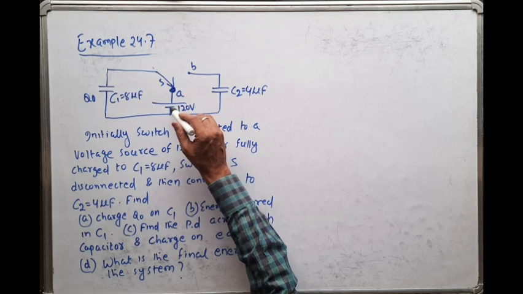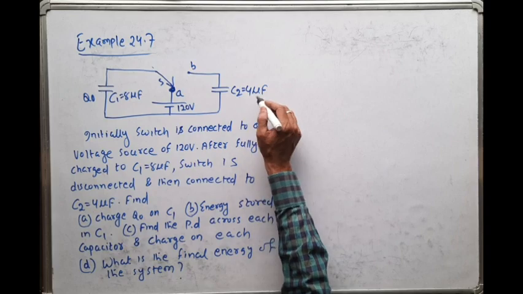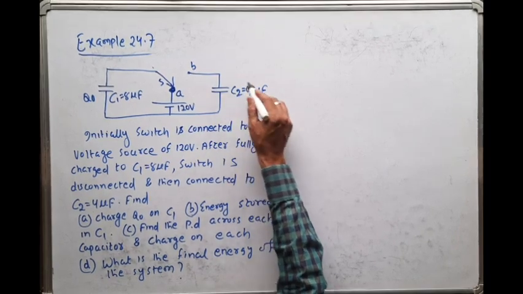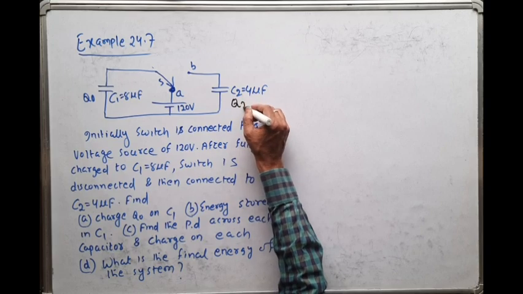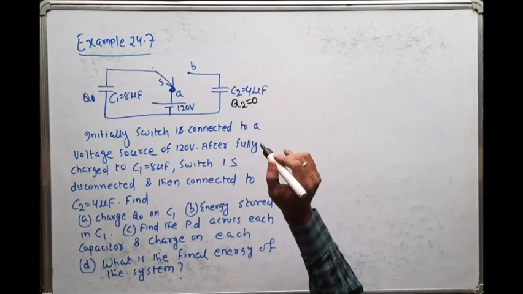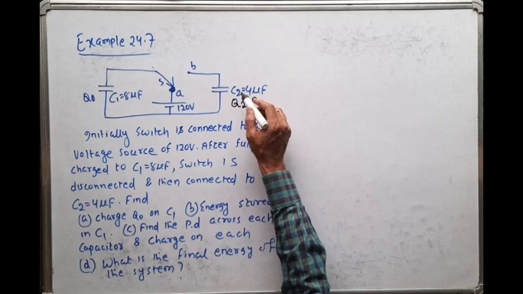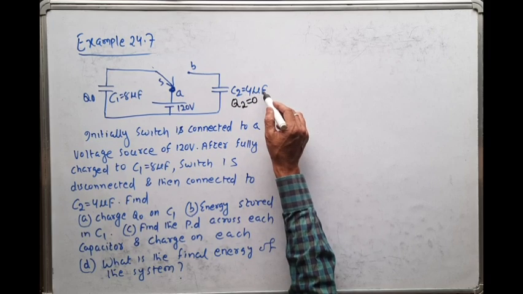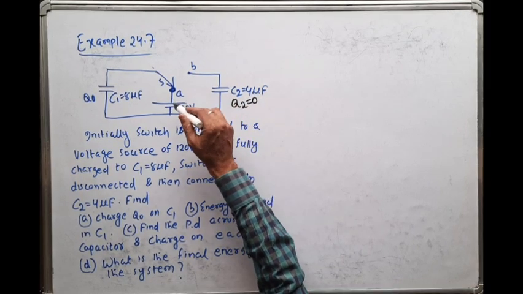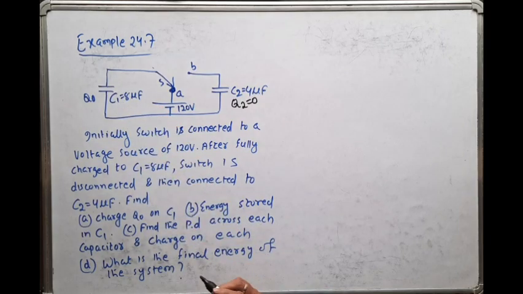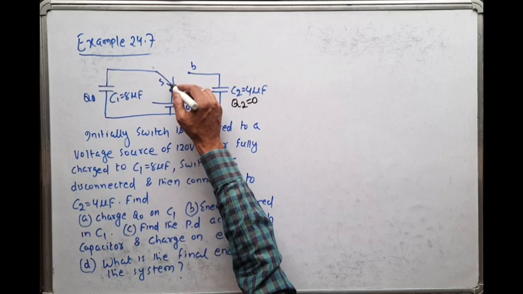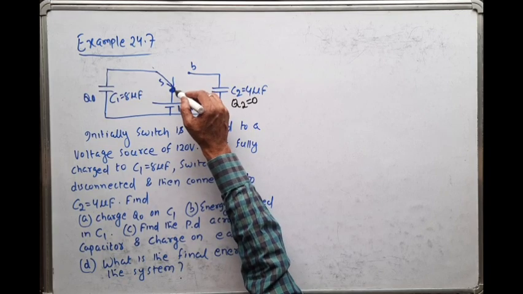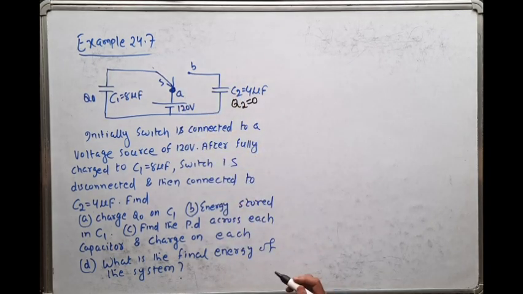Now, this C2 capacitor is initially uncharged, which means the charge on this capacitor is 0. Its capacitance value is 4 microfarad. Initially C1 is charged, and after it is fully charged, the switch is changed from position A to position B.